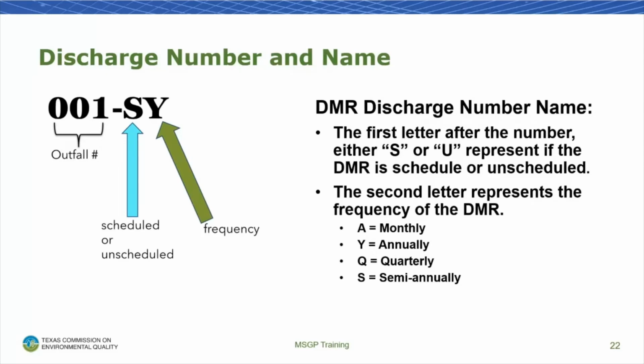So if you see an S, that'll be for the scheduled DMRs, a U for unscheduled DMRs. And then at the very end, that last letter represents the frequency of the DMR. So the letter there, Y, would stand for annual. You might also see an S for semi-annually, a Q for quarterly, and then there also is an A for monthly.